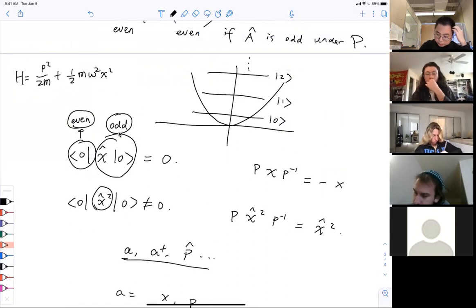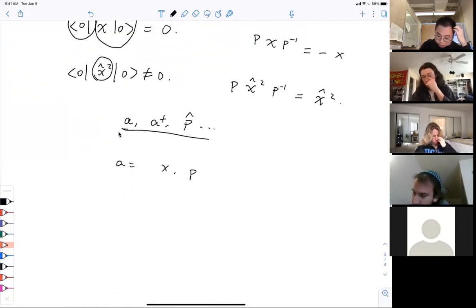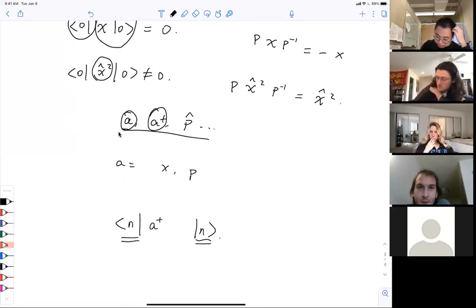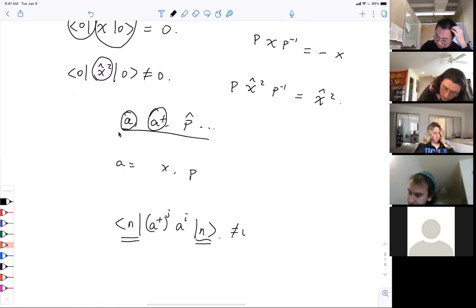Of course, for these specific problems, with A and A dagger, for example, if I have some state and another state, with A^I and A^J, let's use I and J. This is non-zero only when J equals I, right?